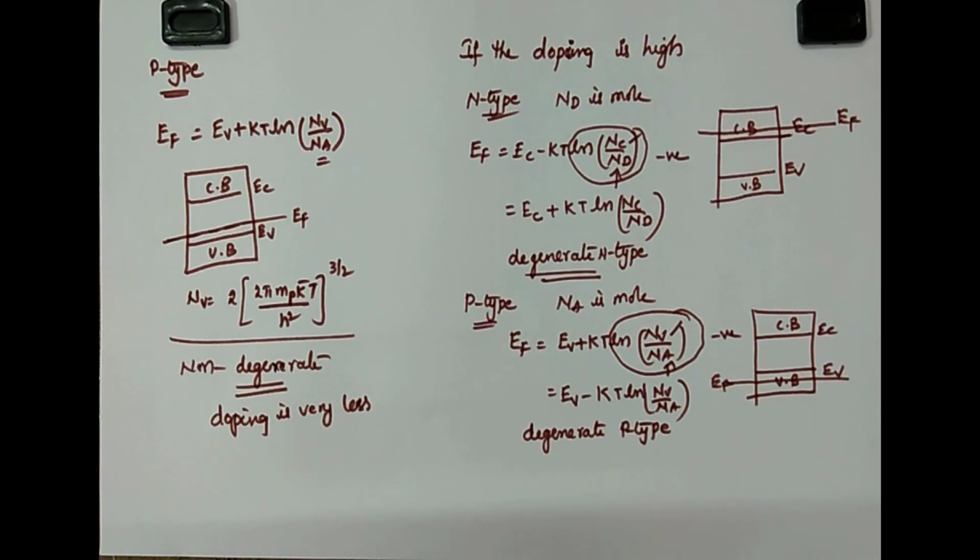Suppose in n-type the doping is very less, then no free electrons will be generated and no energy will be increased. So the Fermi level may lie in the energy band like an intrinsic semiconductor. In an intrinsic semiconductor, we know the Fermi level is exactly at the middle of the forbidden energy gap. If the doping is less, nothing will happen: the conductivity won't increase and the number of free electrons won't increase. So the Fermi level lies inside the forbidden gap.